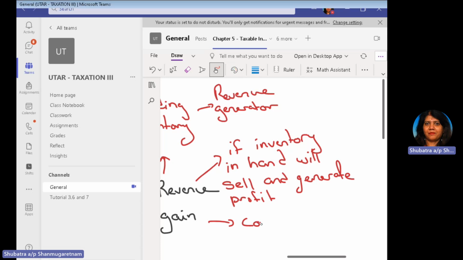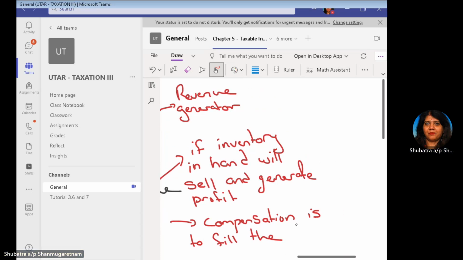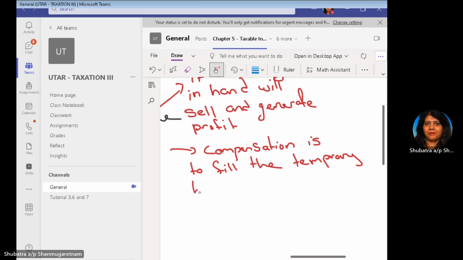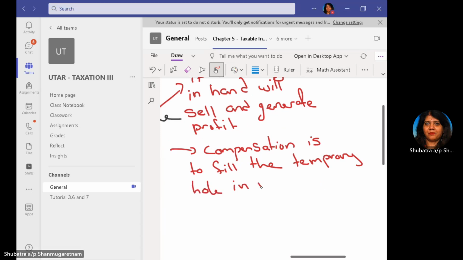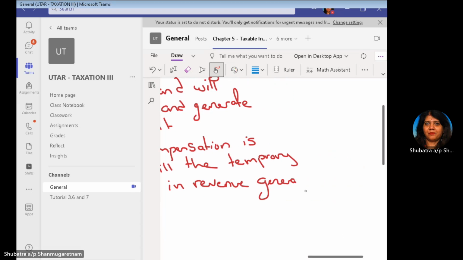So the compensation is to fill the temporary hole in your revenue generation.